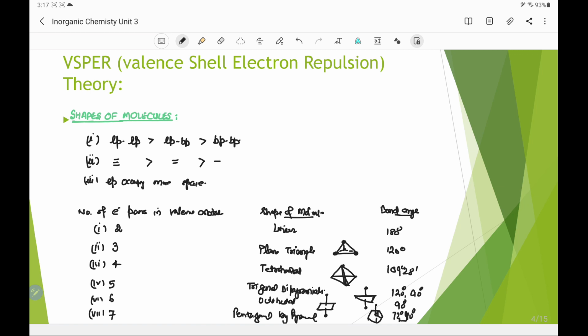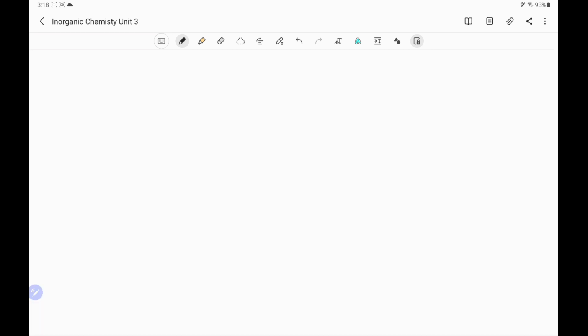Now we take some molecules and draw their shapes. Let's take first BeCl2. It has a number of bond pairs plus a number of lone pairs. The number of bond pairs in BeCl2 is 2 and lone pairs are 0, hence its shape is linear and the bond angle is 180 degrees. One more is BF3.